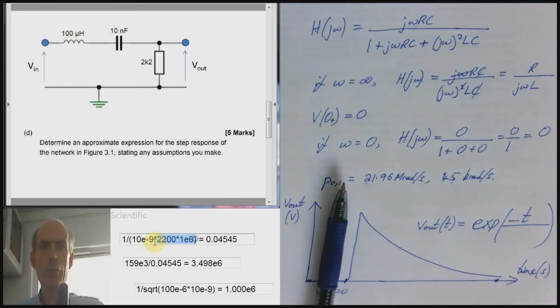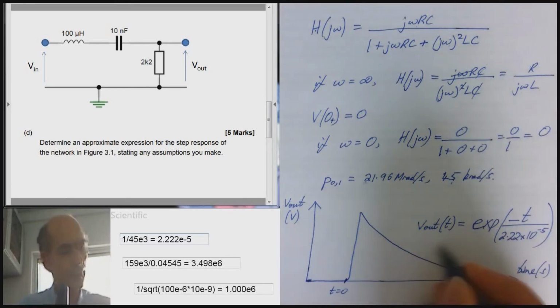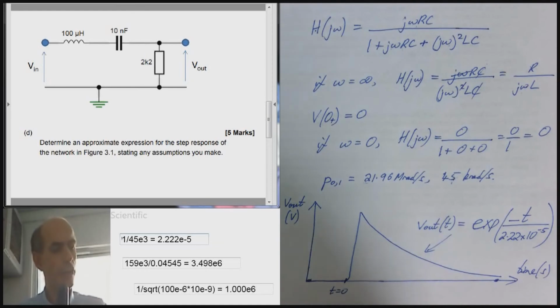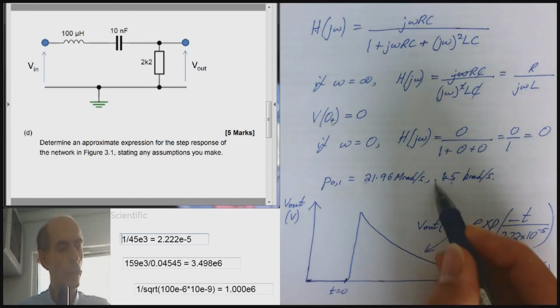That's just 1 over 45 kiloradians per second, which is 2.22 times 10 to the minus 5 seconds. And I can approximate the step response of this network as this form, just by looking at the low frequency pole.